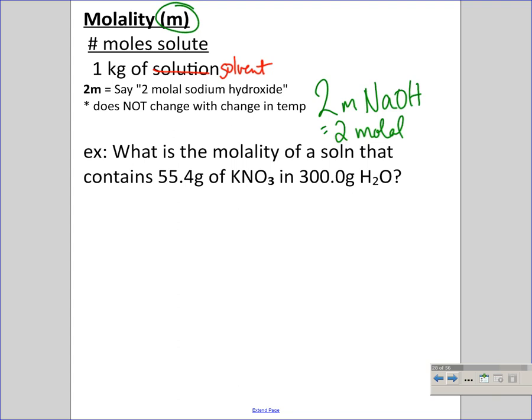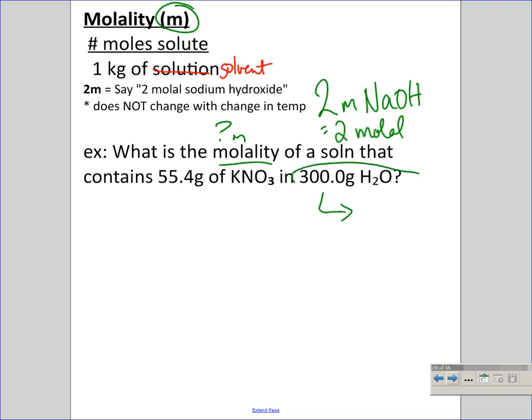So question, what is the molality, little m, of a solution that contains 55.4 grams of potassium nitrate and 300 grams of water? How would you like to try this? Okay, so you want to take this, go to kilograms? How many kilograms is this?